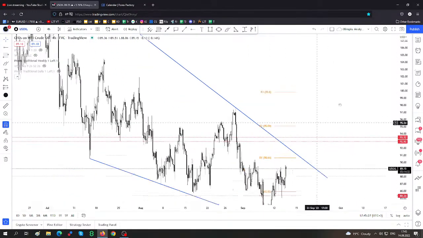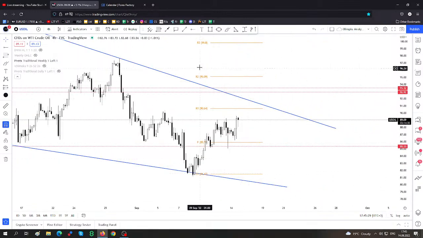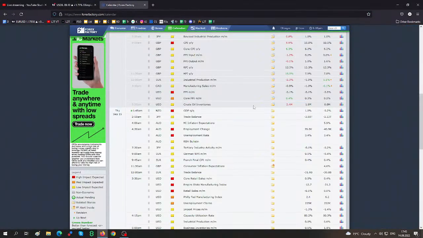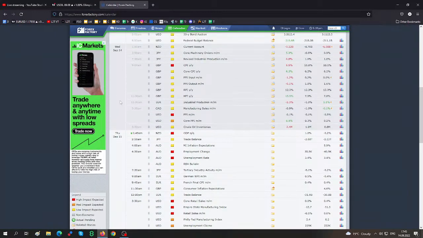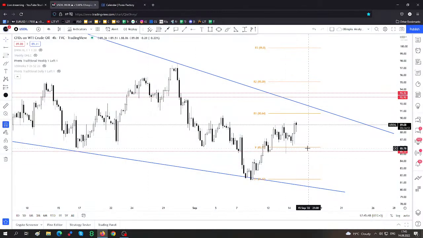Okay, so in the short term it's still bullish, even if the crude oil inventories come in above expectations, but worse compared to the previous reporting period. Maybe I'll wait to see how it will react here on these resistance levels.